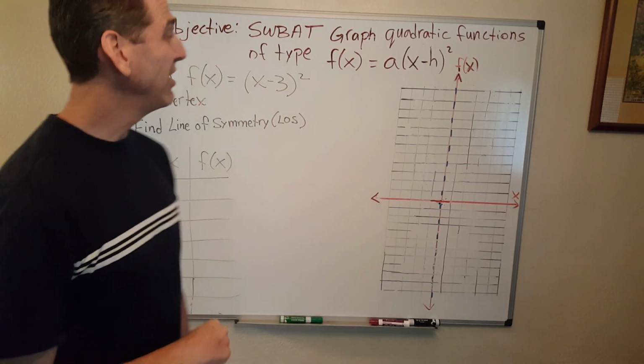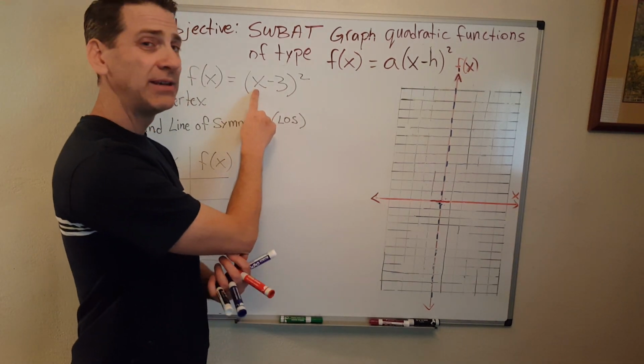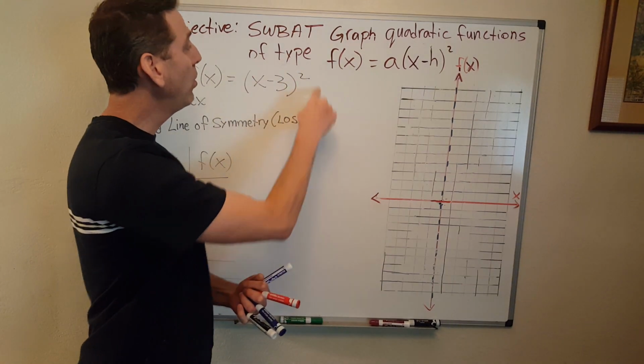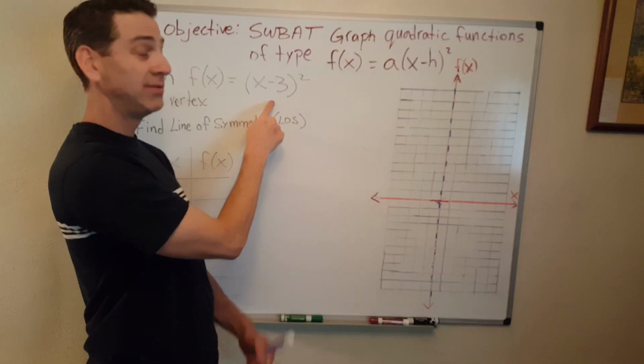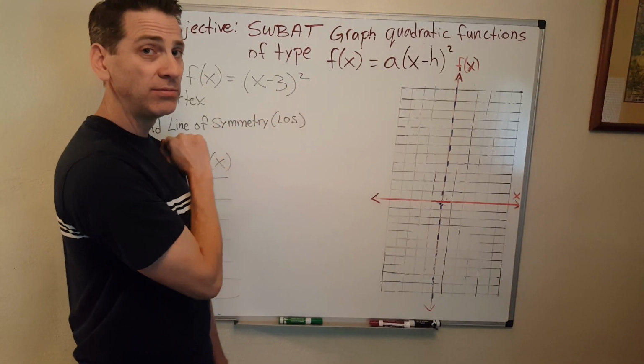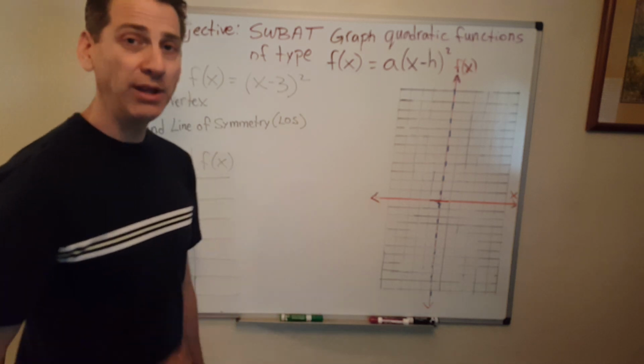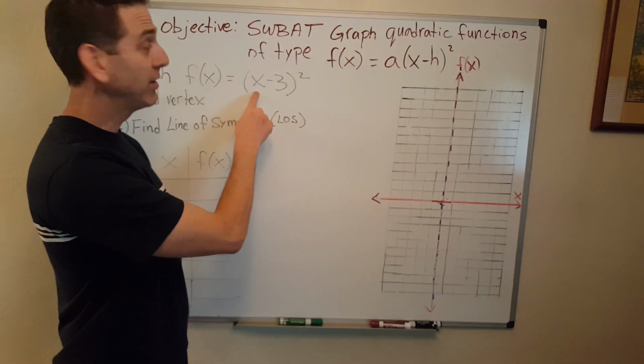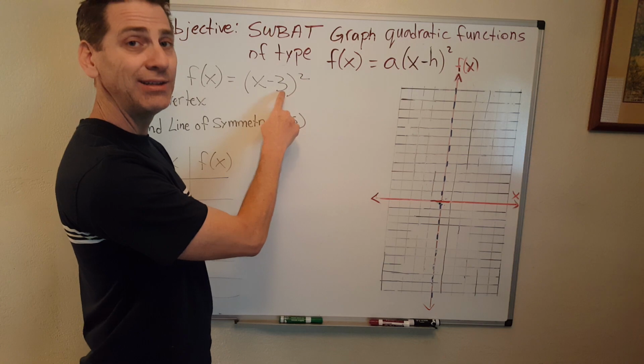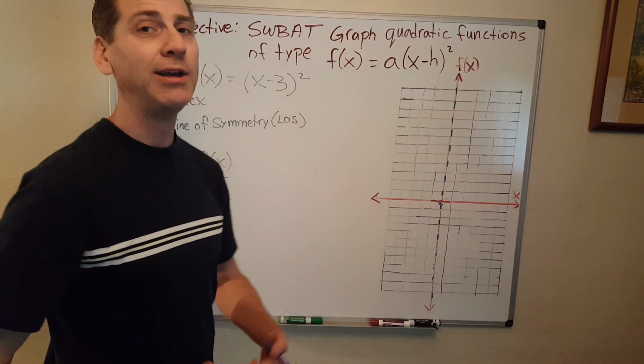Can you think of a value for x that would make this whole item equal to 0? Well, it would be positive 3, because 3 minus 3 is 0, and 0 squared is 0.